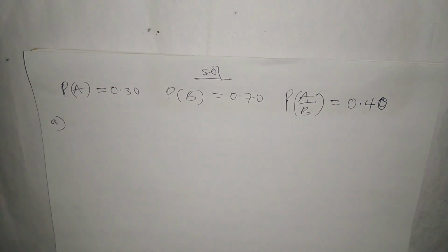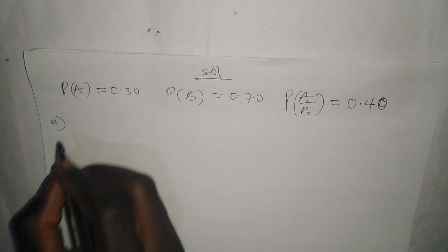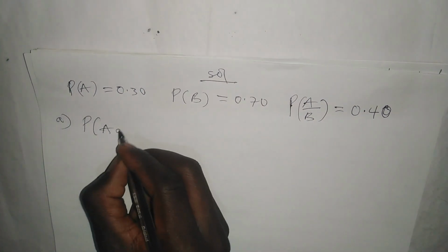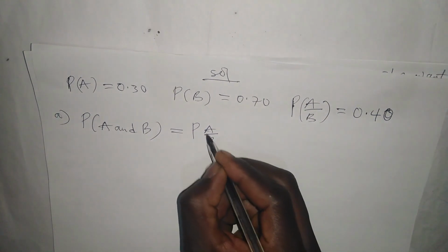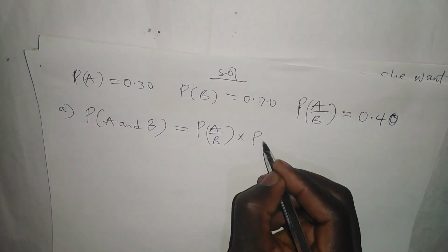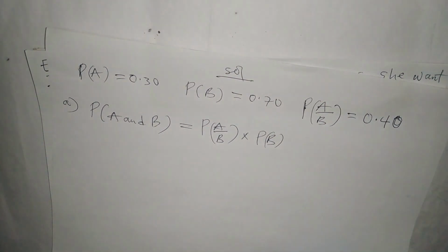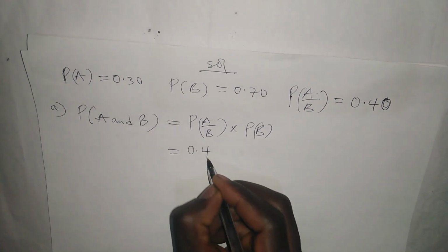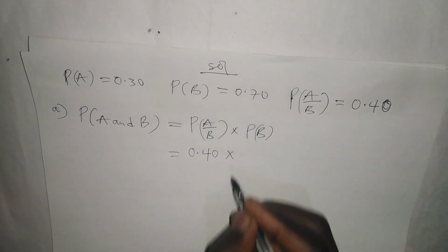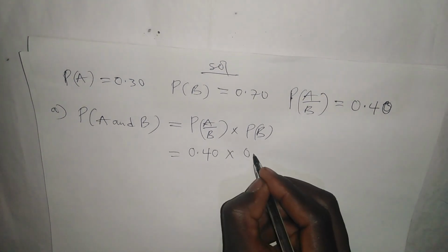Question A says, what is the probability that she will enroll in both an algebra course and a biology course? So the probability that she will enroll in A and B is equal to the probability of A given B times the probability of B. So we know the probability of A given B is 0.4 and the probability of B is 0.7.